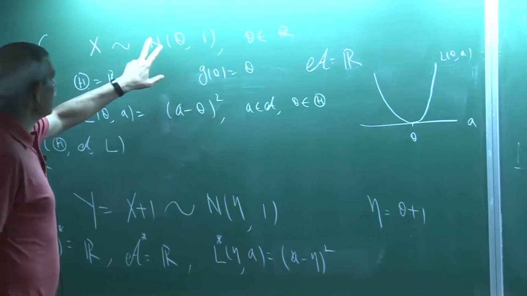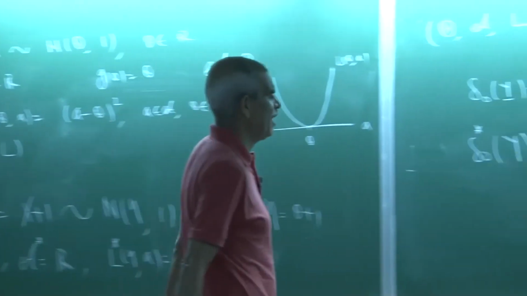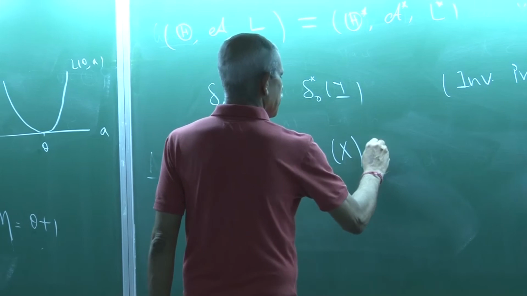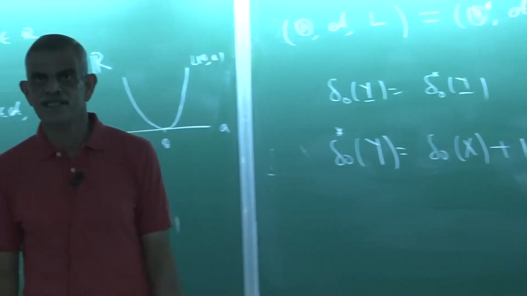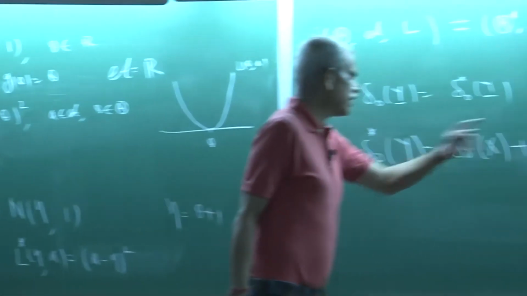So that should be same as the estimate which you get from here, and since the estimators are same, that should be same as delta naught of x plus 1, because this was an estimate of theta based on x plus 1.